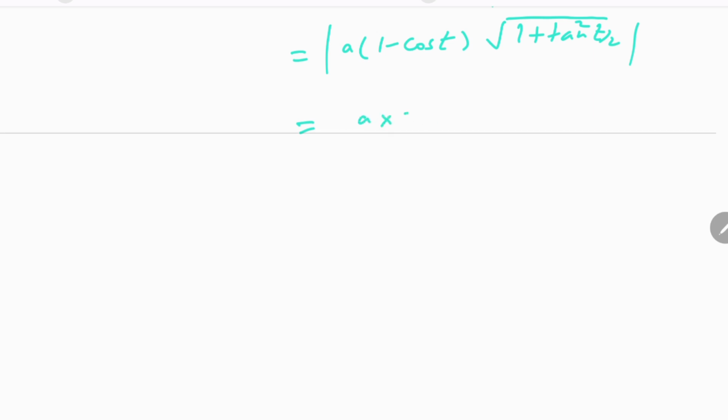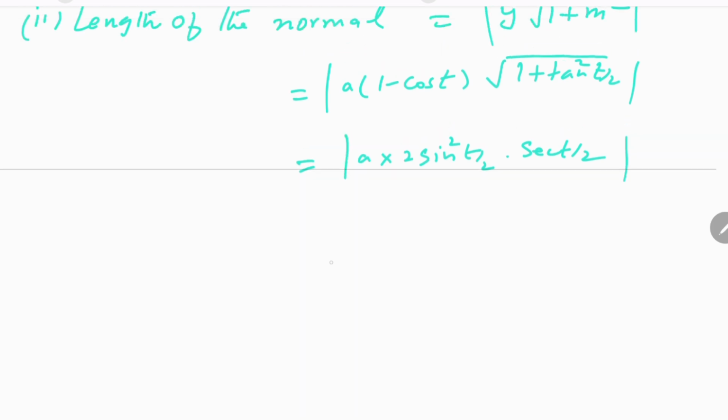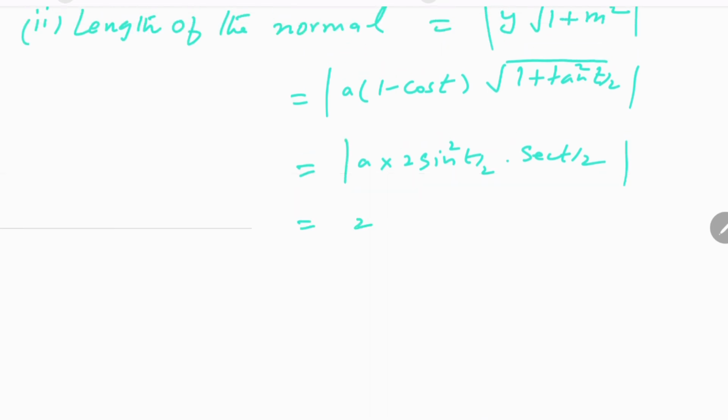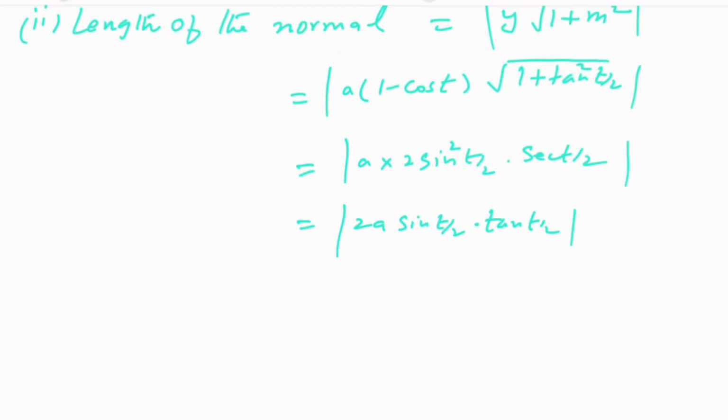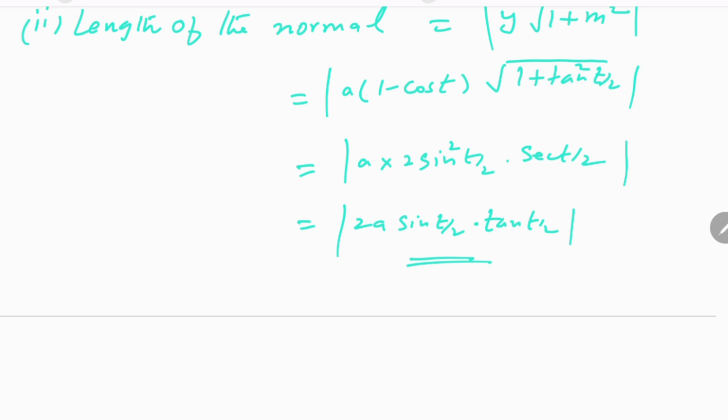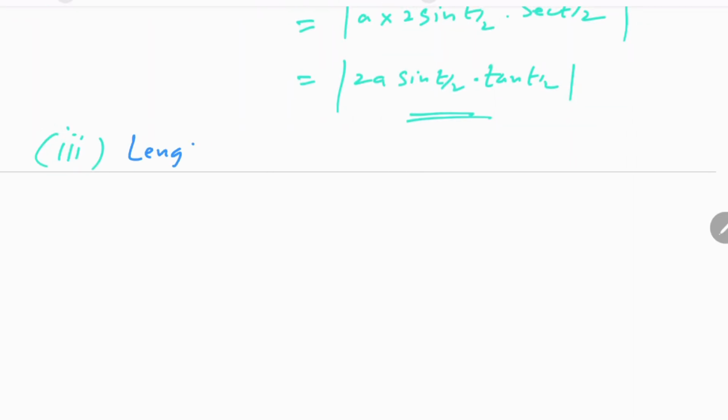Again 1 minus cos t can be written as a into 2 sin square t/2. Root of 1 plus tan square t/2 is equal to sec t/2, modulus. Sin by cos can be written as tan t/2. Therefore, 2a sin t/2 tan t/2 is the length of the normal.